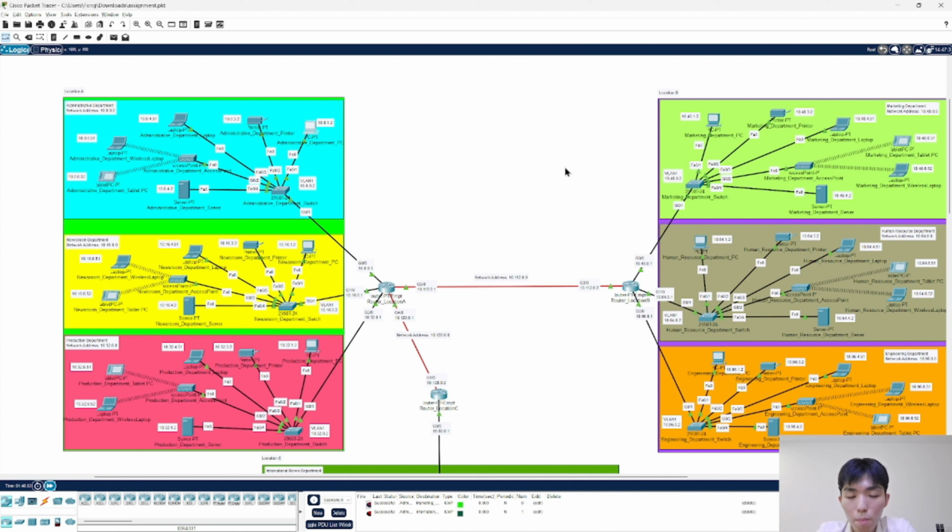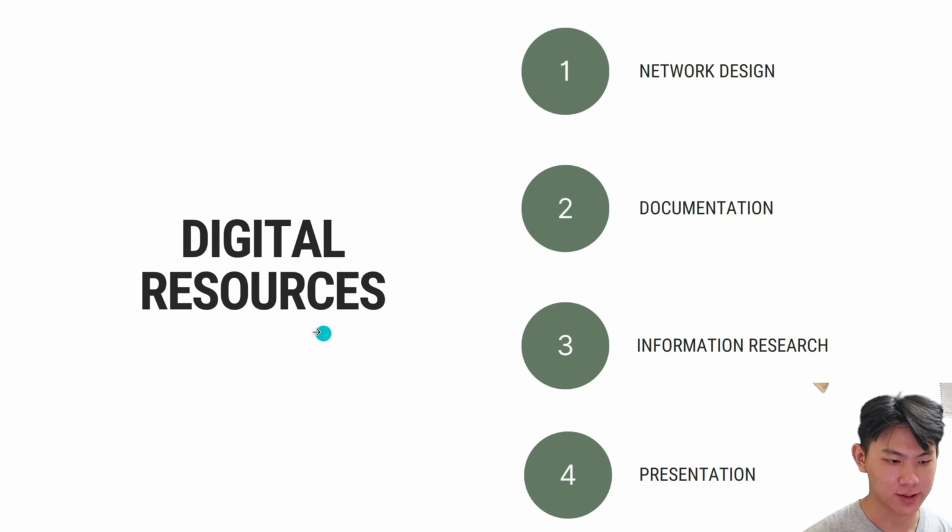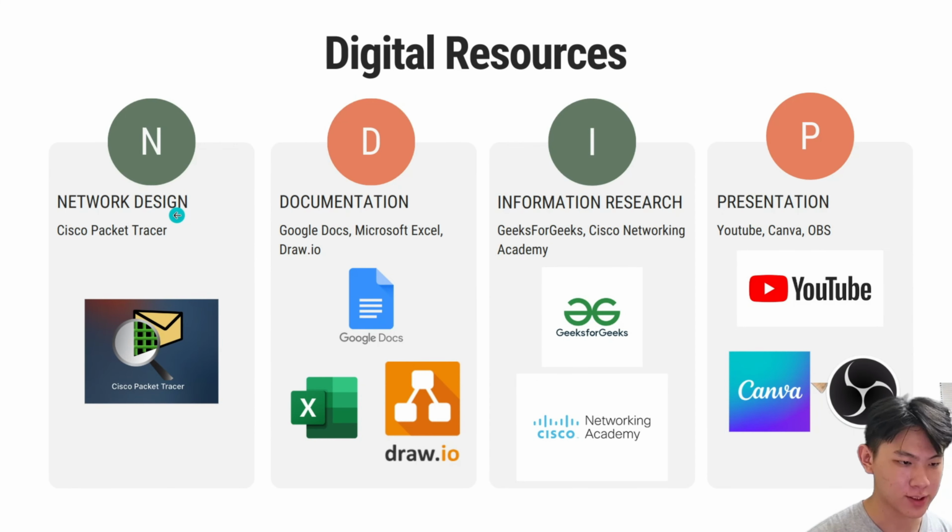Now I'll pass the part back to Peng to explain what digital resources we have used for this assignment. Thank you. So now I will talk about the last part of our presentation, which is digital resources. For the network design, we use Cisco Packet Tracer.